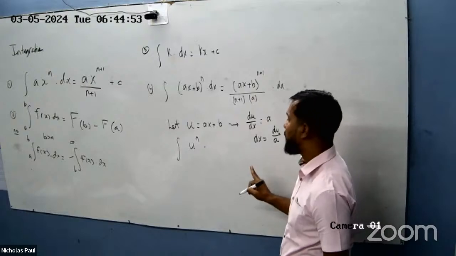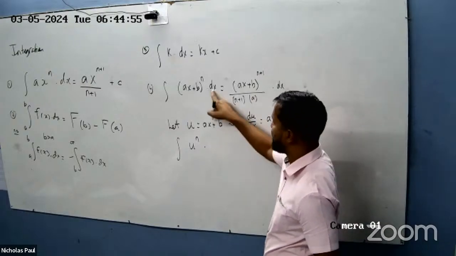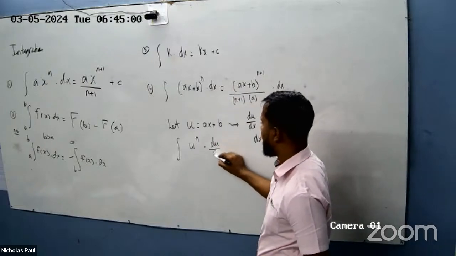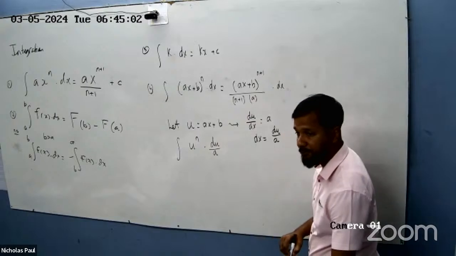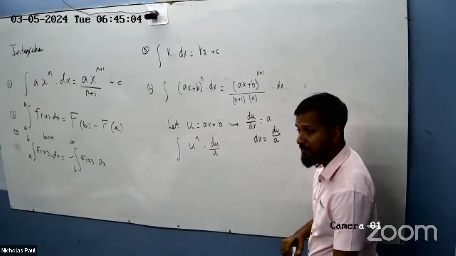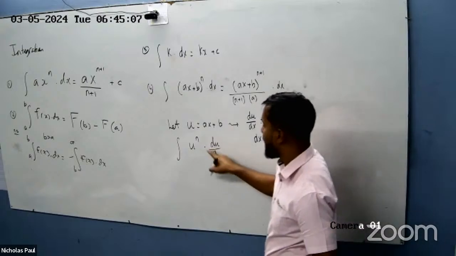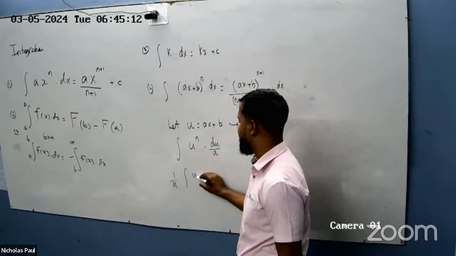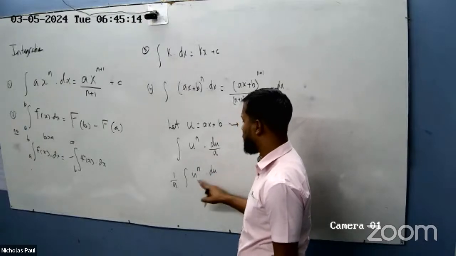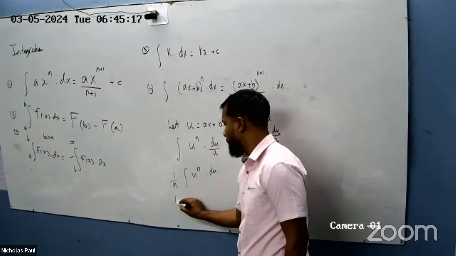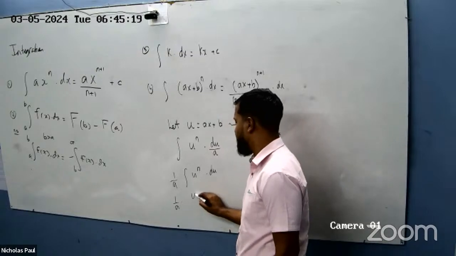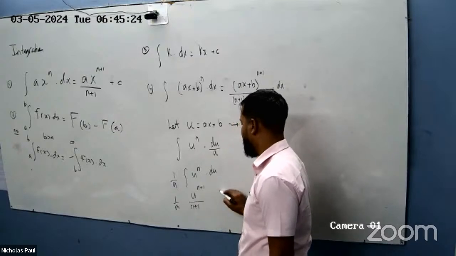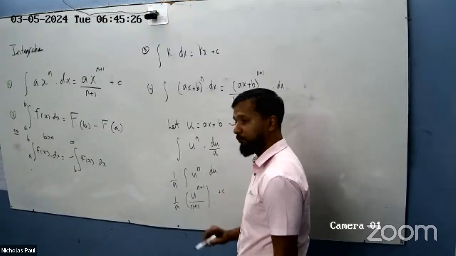So what I could do now is I could say, well, dx is equal to du on a. So I could write du on a here. I could pull the 1 on a outside. So I'll get 1 on a by the integral of u to the n du. What's the integral of this now? u to the n plus 1 over n plus 1 plus c.